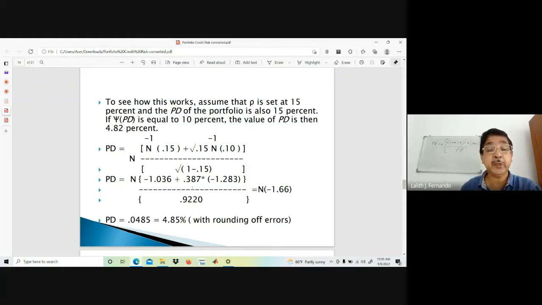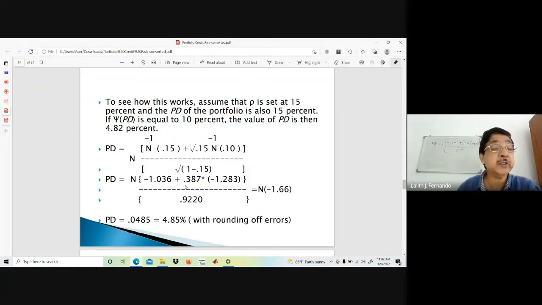Right, now after doing the calculations, within the brackets the value would be minus 1.66. That is the value coming within the brackets. So then we have to get the probability for this Z score, that is N of minus 1.66.